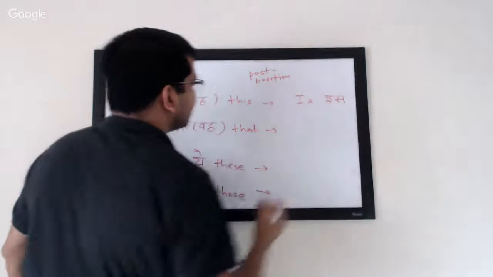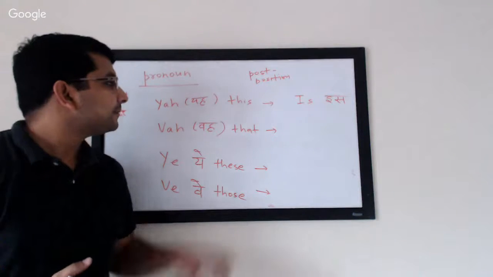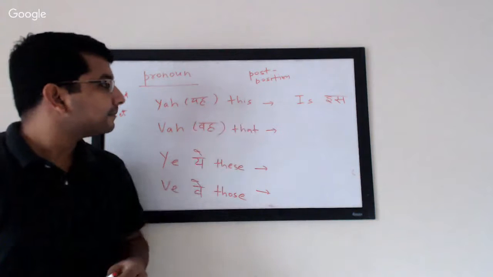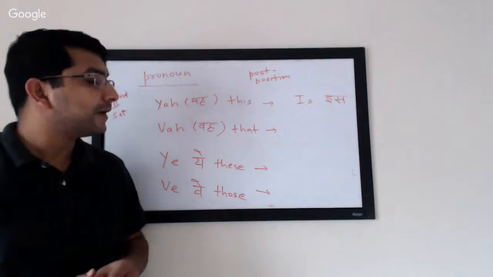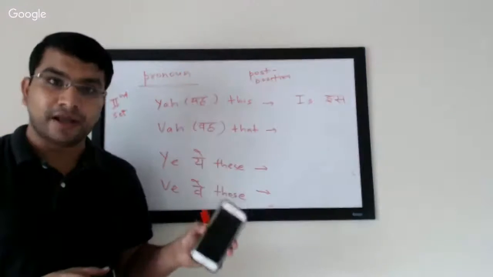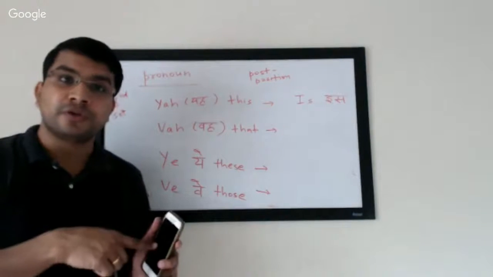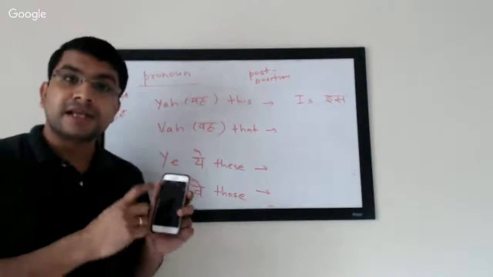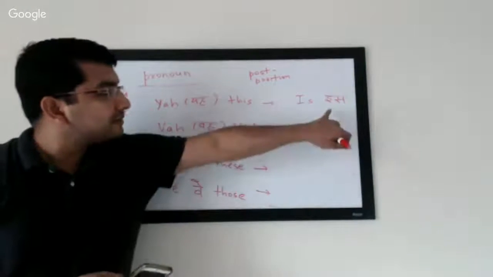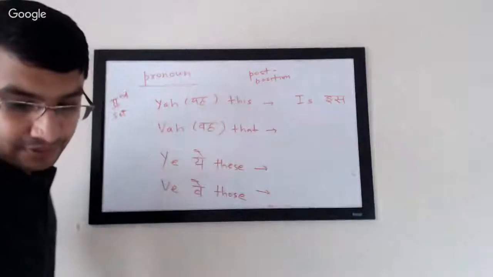For example, if I were to say this is a phone, यह phone है. Then I say in this phone, I'll say इस phone में. Hence, यह becomes इस. इस phone में. Okay.